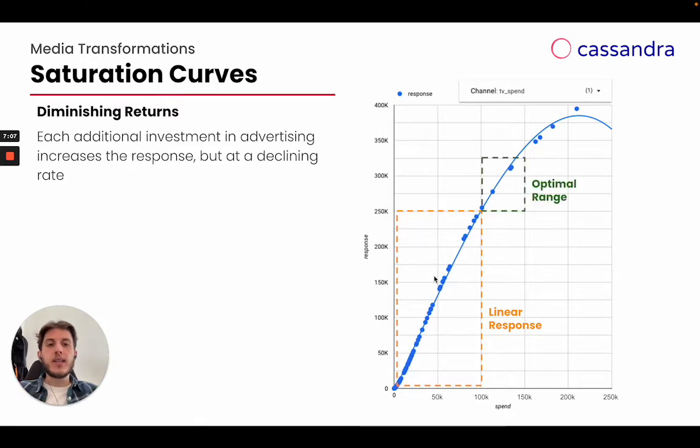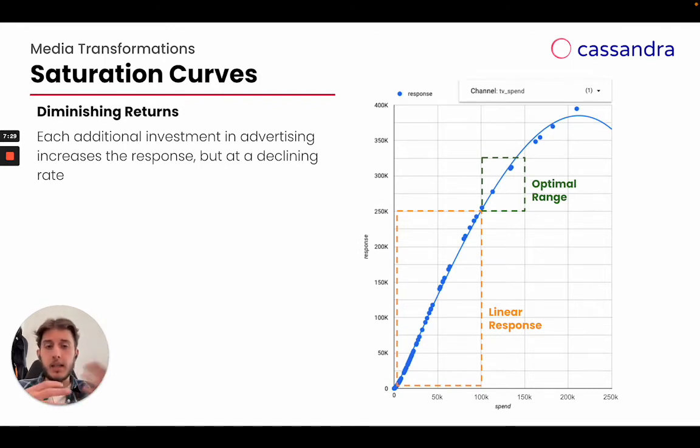Then we get into what we will call the optimal range, because here we are spending 50,000 more and the response generated is starting to lower down. So you will see that it's not even 100,000, it's like 25,000 in response generated. So the response is starting to slow down.